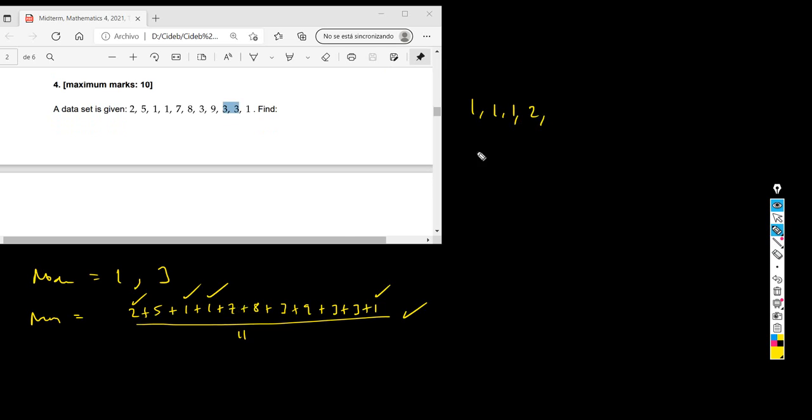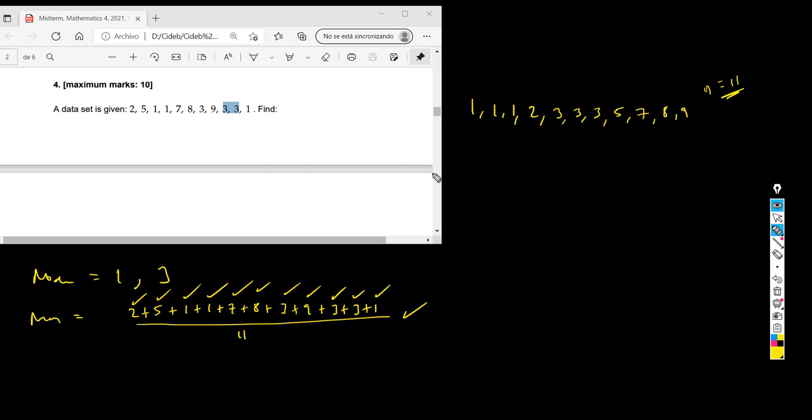So 1, 1, 1, 2, 3, 3, 3. Do we have a 4? No. But we have a 5. Do we have a 6? No. And we have 7, 8, and 9. So this is my set in ordered form. We have 11.